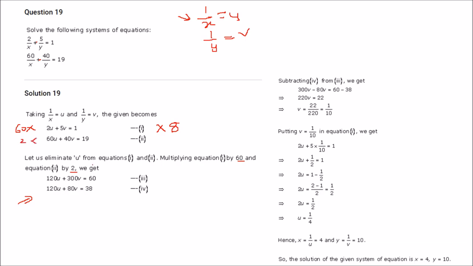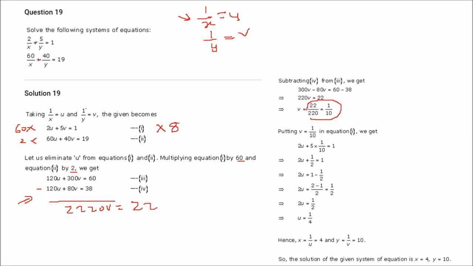So you get two equations like this, 120, 120 you get, then you just subtract them. 300 minus 80 is always 220v, and then 60 minus 38 is your 22. So what do you get? V will be equal to 22 by 220, that is 1 by 10.